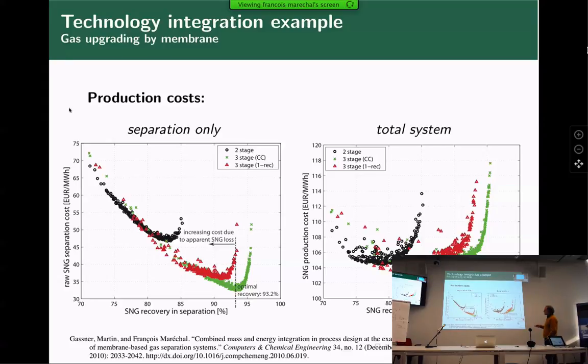And in fact, I'm doing only 84% of recovery instead of 93. I'm not using the same technology in this system compared to this one. So the red ones are still here. This is the other technology, but you can see that we are doing it in a very different way.